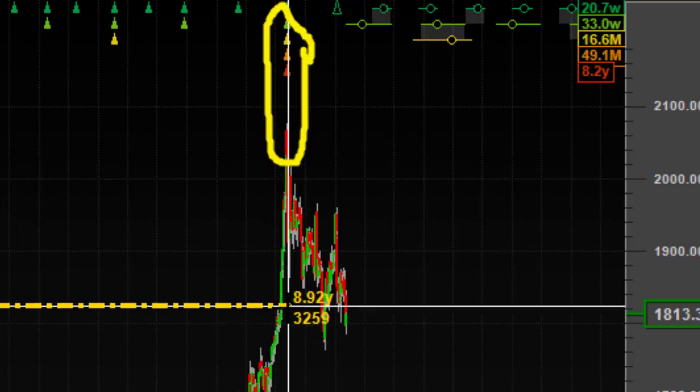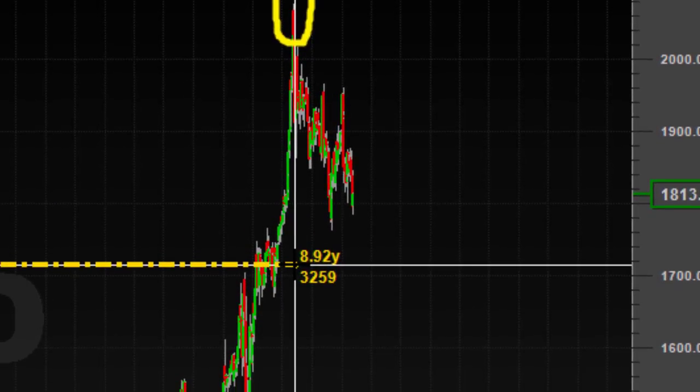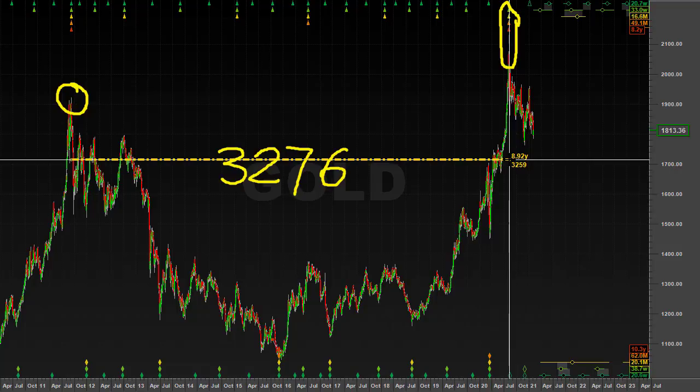And if I bring the mouse down a little bit, you can see that there were 3,259 days between those peaks. Okay, so that's a difference of only 17 days.